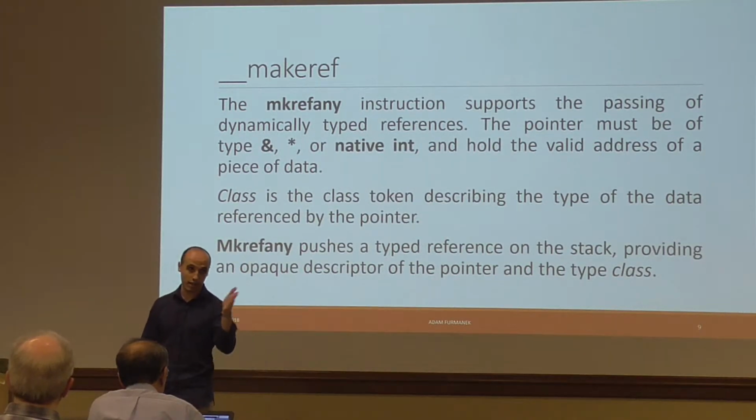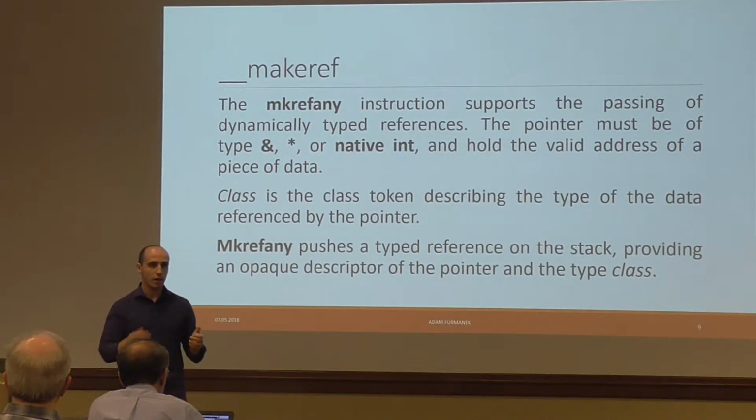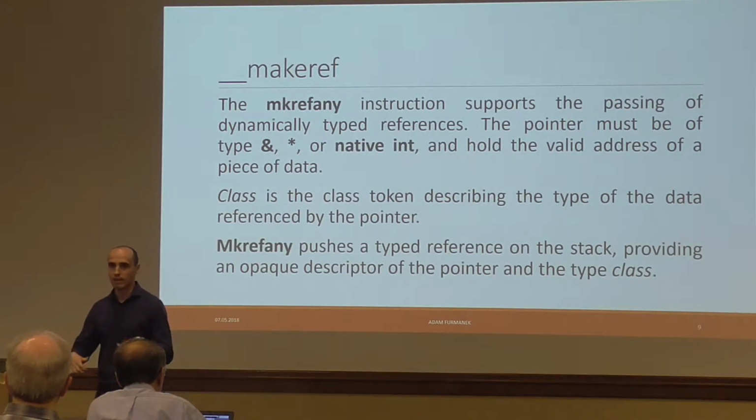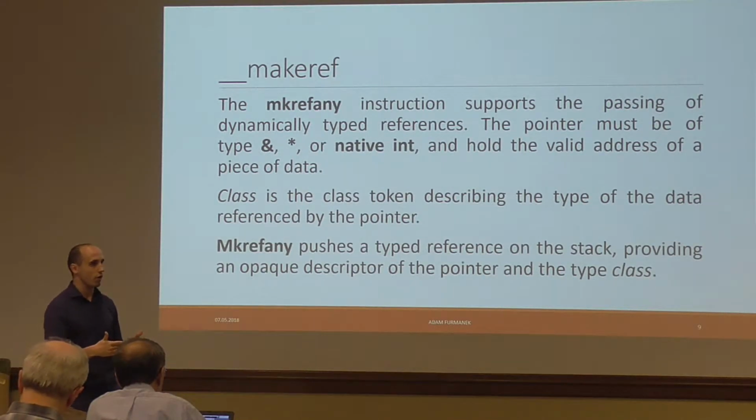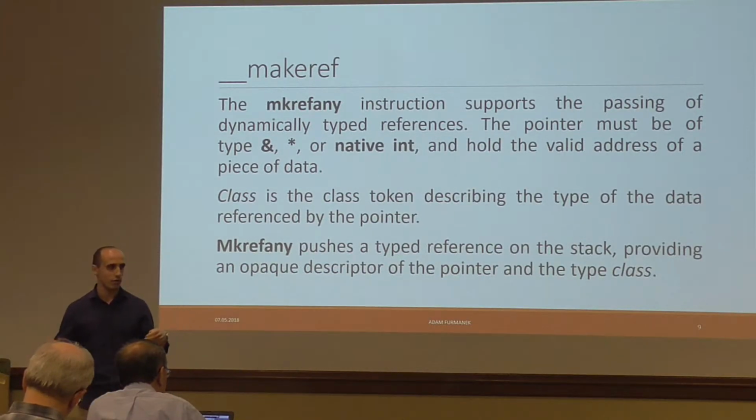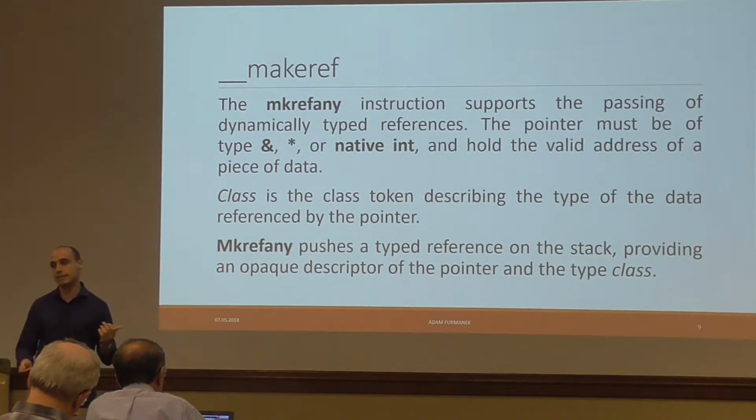And if you take a look, like I said, answering this one question, at Span of T and Memory of T, those are exactly the same concepts, but now in safe context. You don't need to resort to unsafe context or do some magical stuff on the pointers. You can just use managed types which do exactly the same.